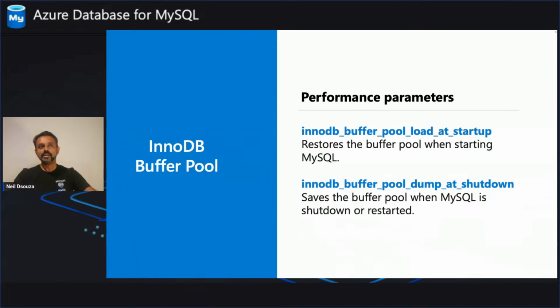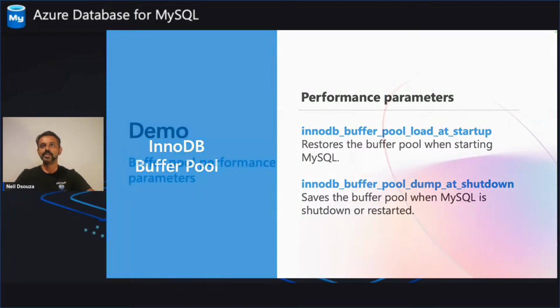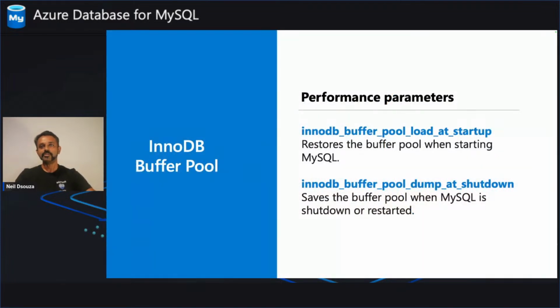Here, in today's demo, we will be talking mainly about these 2 parameters, the InnoDB buffer pool load at startup and InnoDB buffer pool dump at shutdown. Basically, whatever is loaded in the cache into the buffer pool will be retained during a server restart operation.